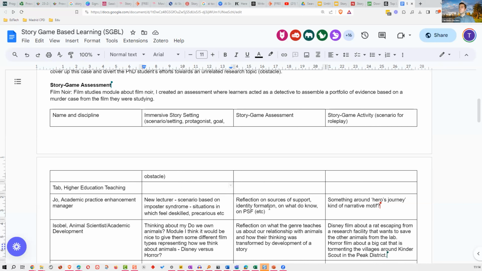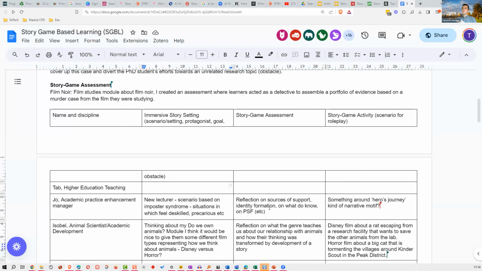Yeah, definitely. What I really like about using this sort of approach is that it ties in really well with the idea of constructive alignment and backwards design in learning design, because that's how stories are designed as well.